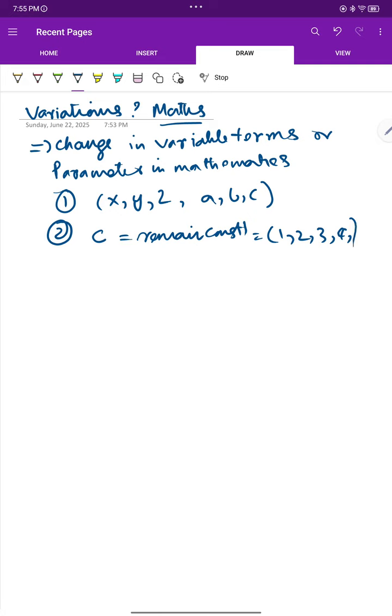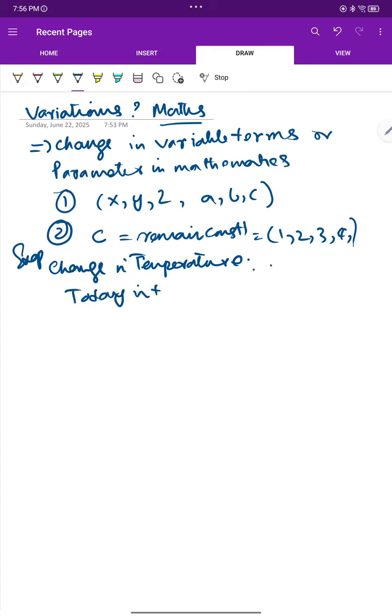So the simple example is the change in temperature. Today is very hot in the Toronto area in summer, so it may feel like 40 degrees.